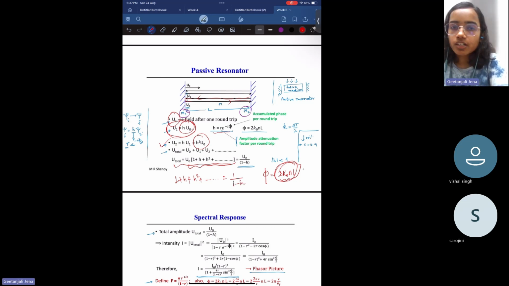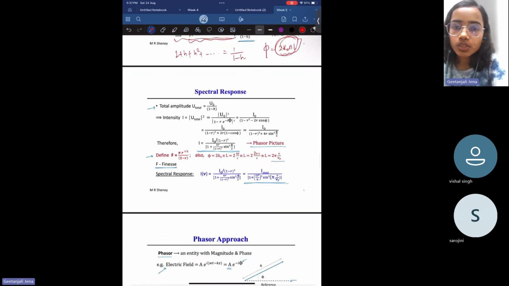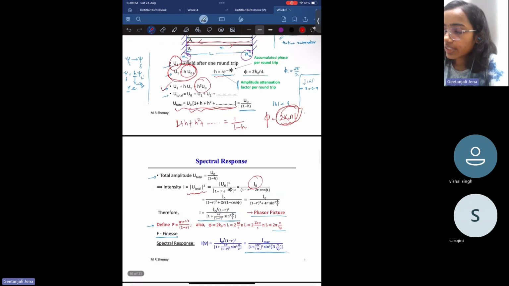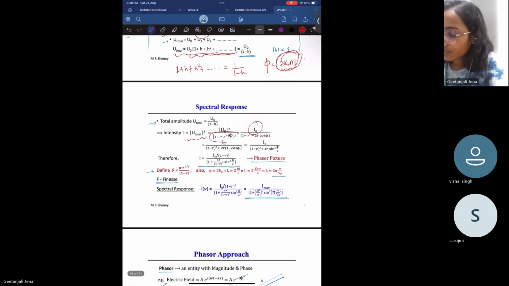And if you want to find out what is the intensity profile, intensity is nothing but the square of the amplitude, right? So it is the square of U total. So you just have to put the expression, U0 squared you are taking as I0, and 1 minus h. So take the expression of h equal to r e to the power minus i phi and put it in this expression.